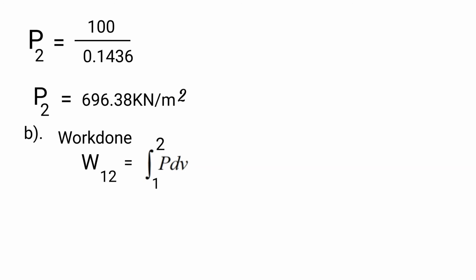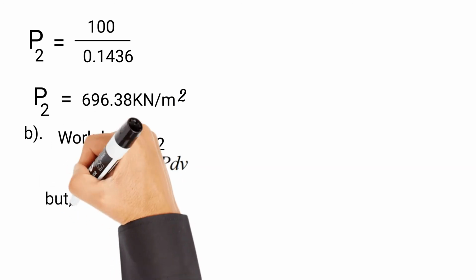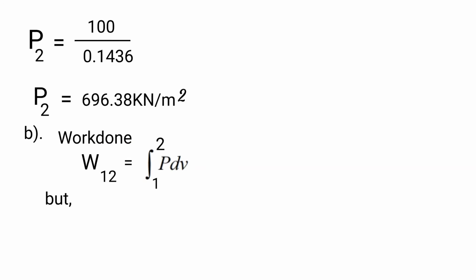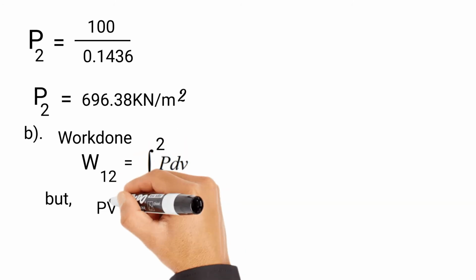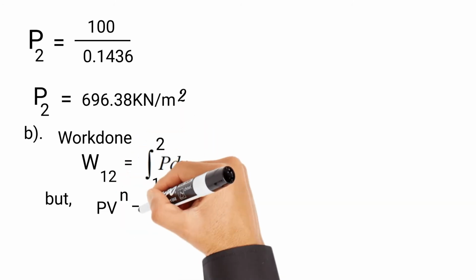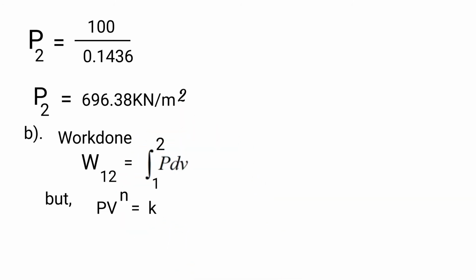So we'll be using the values for the volumes to substitute as we go on. But PV raised to the power n is equal to constant, right? That's the condition we are given. If we make P the subject, we're going to have P equals K over V raised to the power n. We're going to substitute these values inside the work equation.